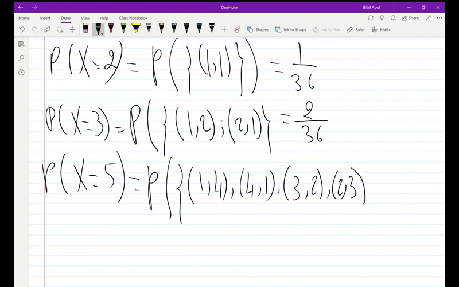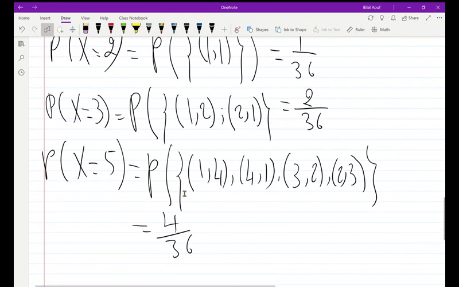Anything else? That's all. How many members? 1, 2, 3, 4. It means probability of x equal 5 is equal to 4 over 36. So that's the probability of x equal 5. I'll do the same thing for the rest.